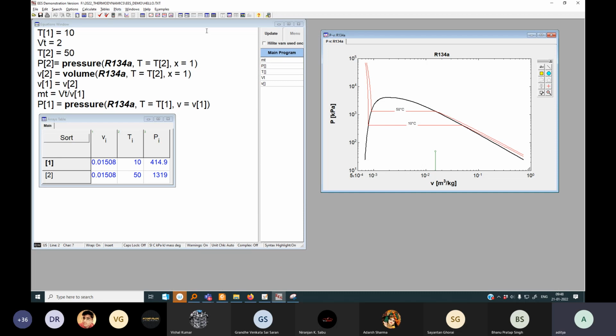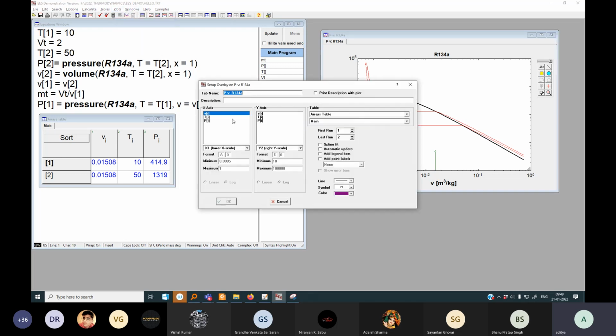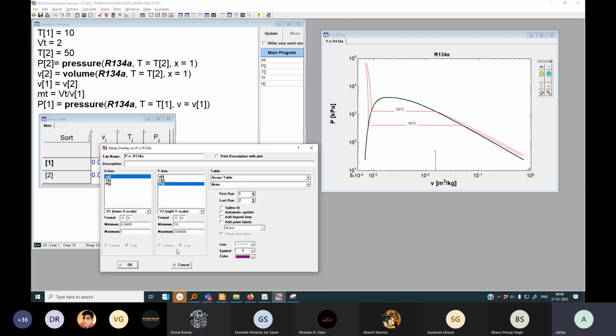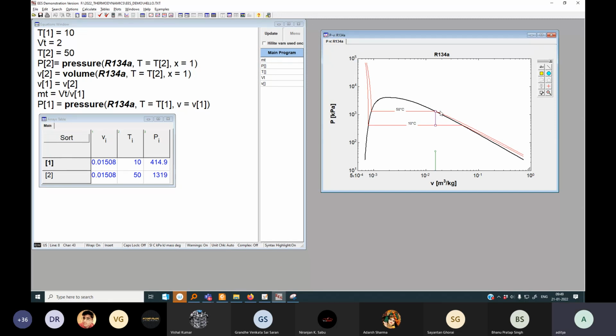It was supposed to be pressure. How to get rid of this plot? But anyway, we go to plot, overlay plot. On the x-axis, we have the volume. On the y-axis, we have the pressure. Okay, this is the process. This is point 1, this is point 2.